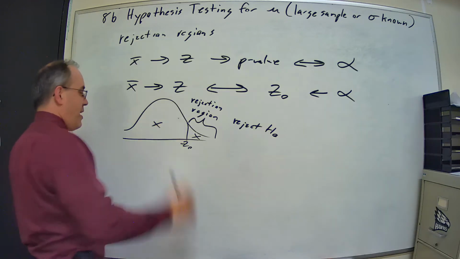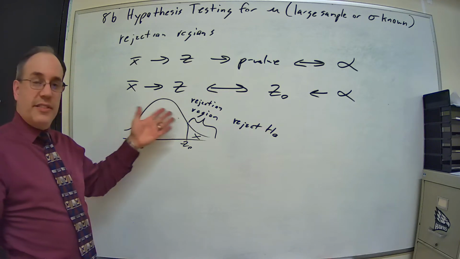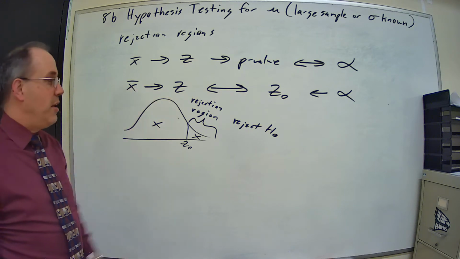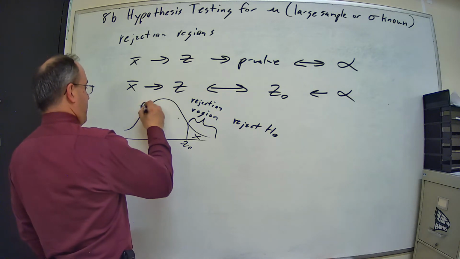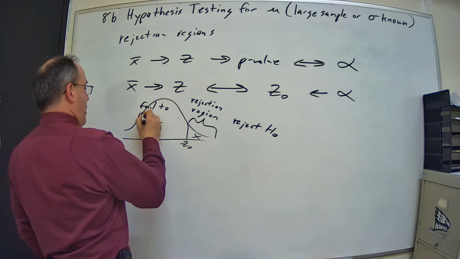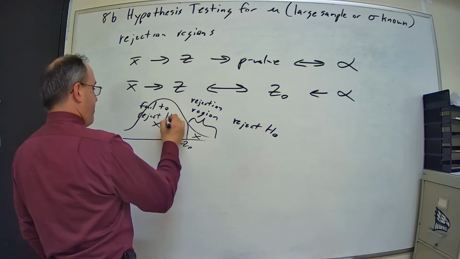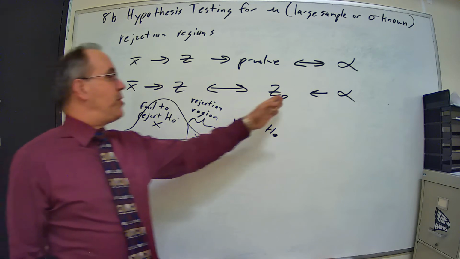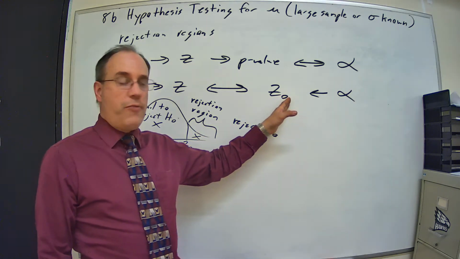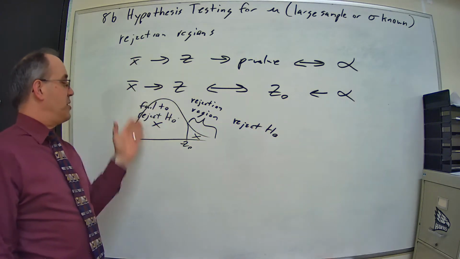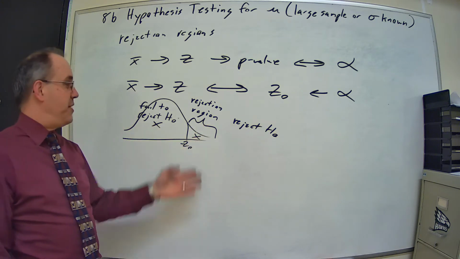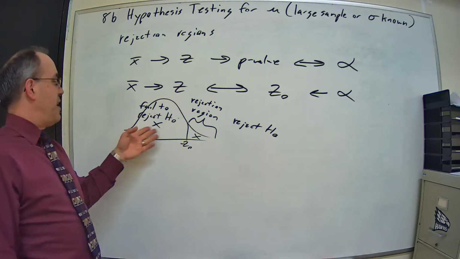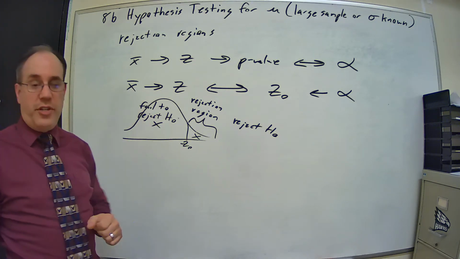If that z-score ends up outside of the rejection region in the rest of the distribution, then we fail to reject the null hypothesis. So we have this region that's created from this critical value z sub 0, and we just put our z-score wherever it fits in the distribution. If it's in that tail of the rejection region, we reject the null hypothesis. If it's not in that tail or rejection region, we fail to reject the null hypothesis.